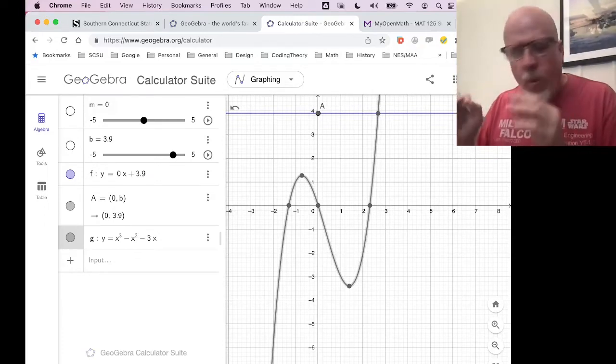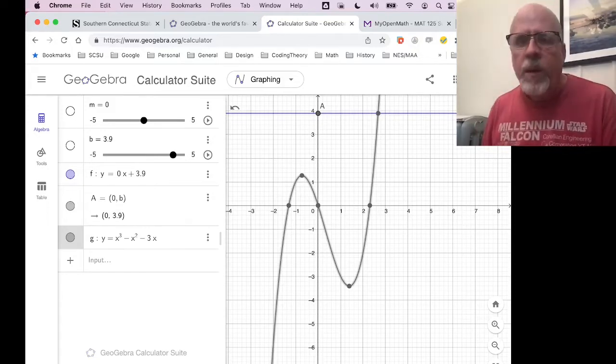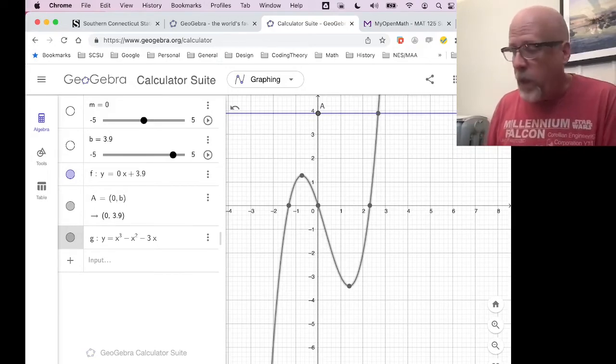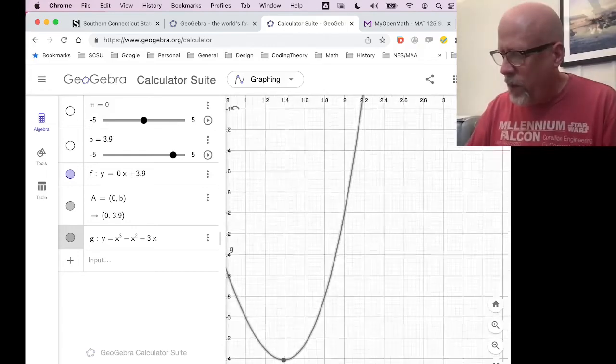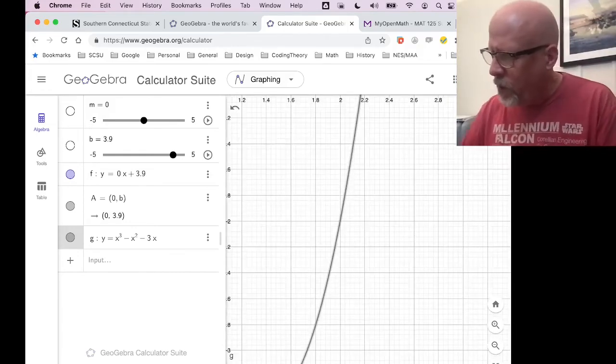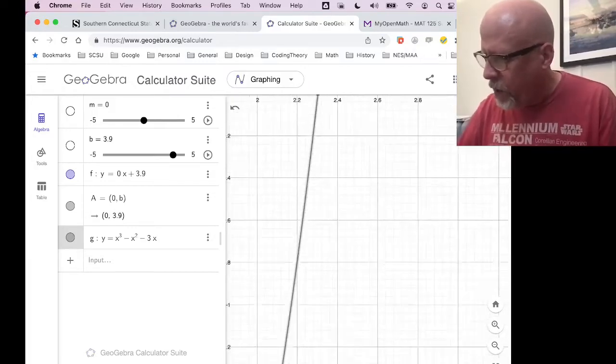The interesting thing about lines, and in fact, this is kind of what drives calculus, is if you zoom in on that sucker anywhere, it eventually is going to look like a line. Now, in GeoGebra here, we can use a single touch to move the screen and a pinch or a double touch to zoom in.